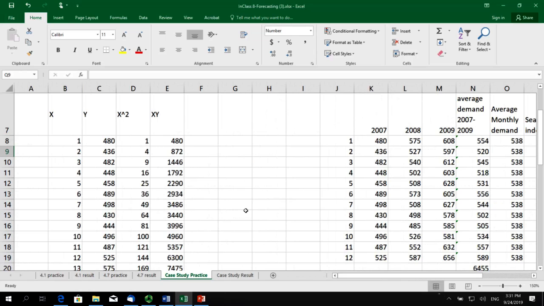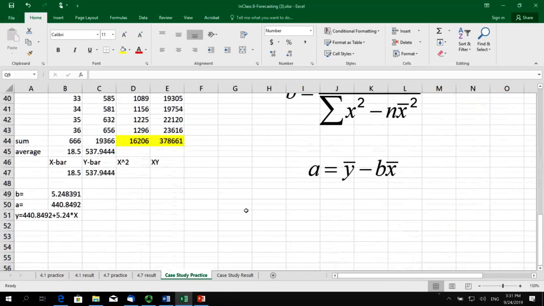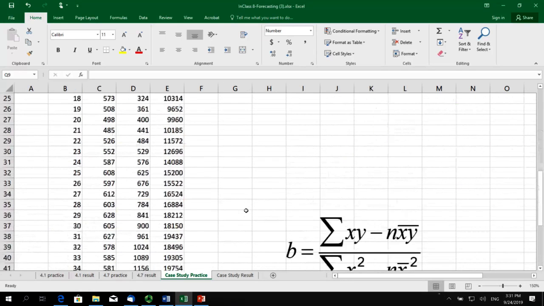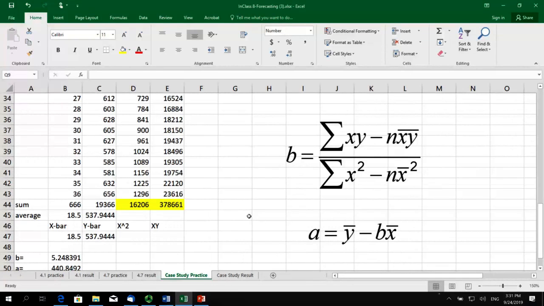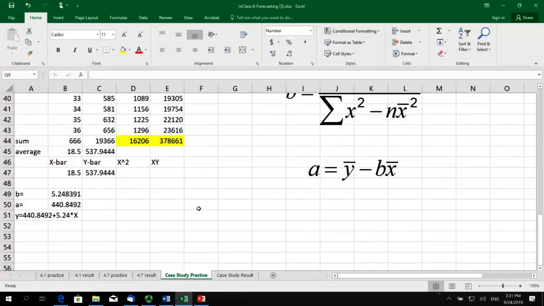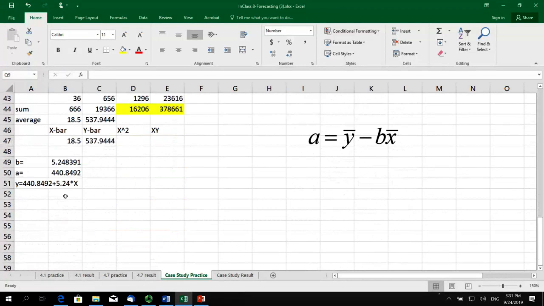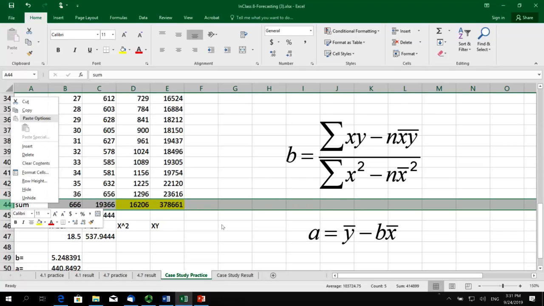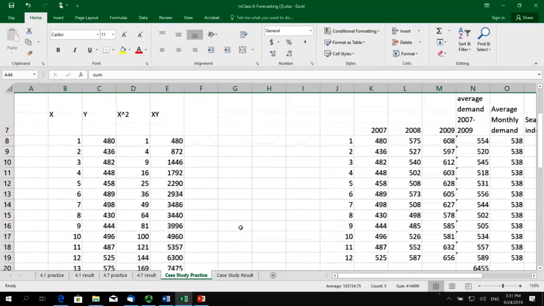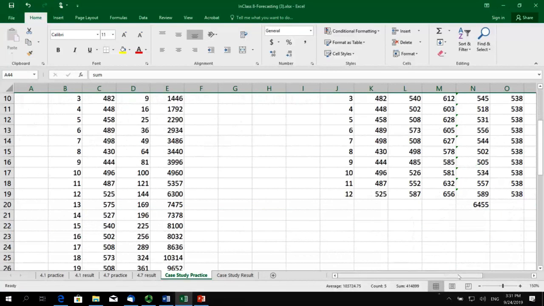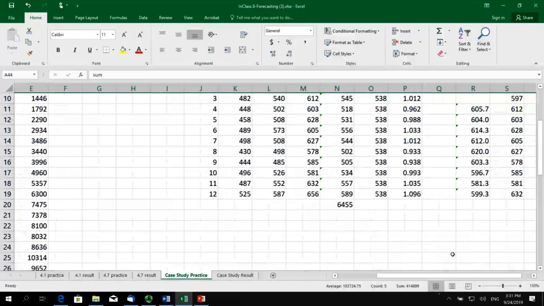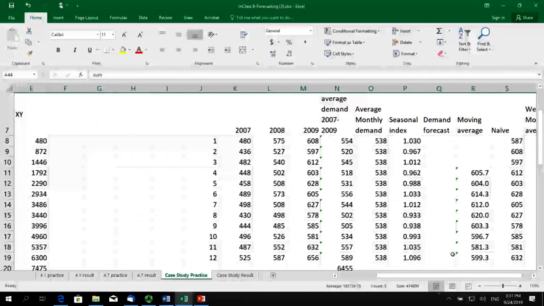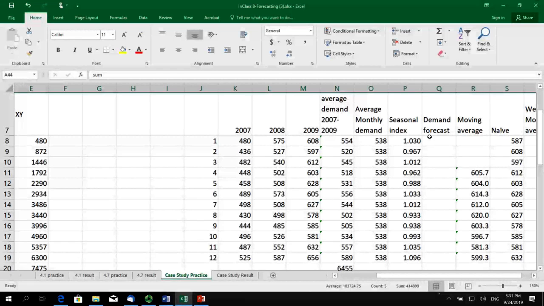Seasonal, if you want to predict for the next few months over here, you can use the prediction, if you know next year 2010 the data.